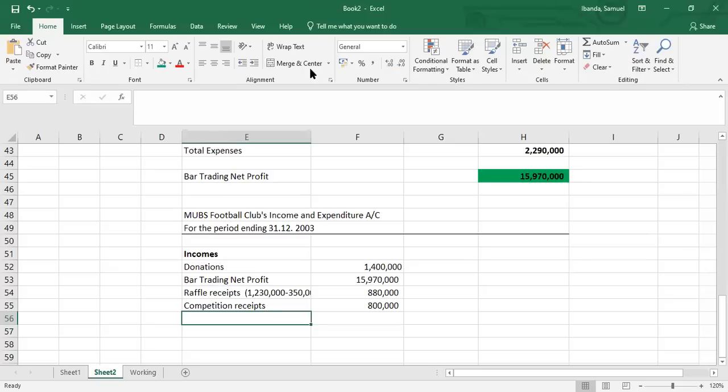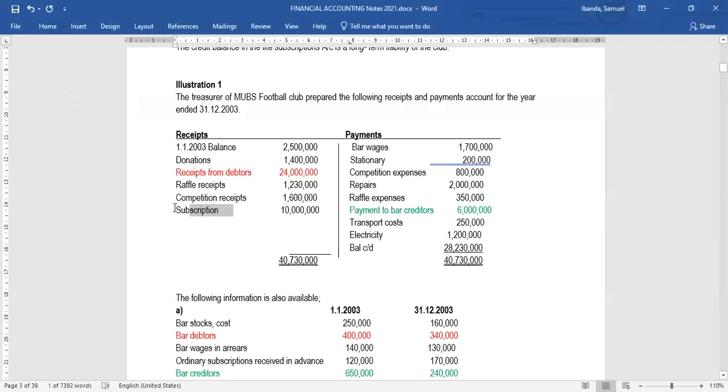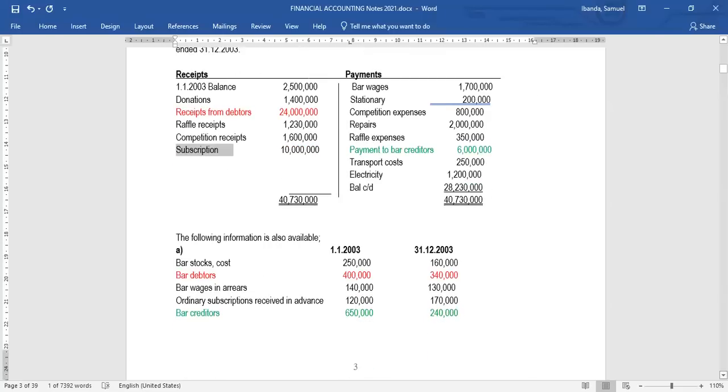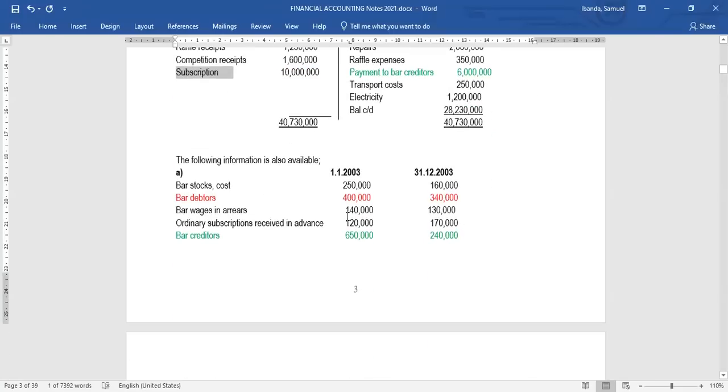Now, the other income that I want to record is the subscriptions. But subscriptions have additional information to it. That means we also have to draw up a subscription account.